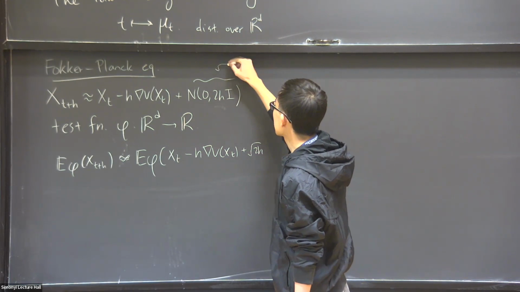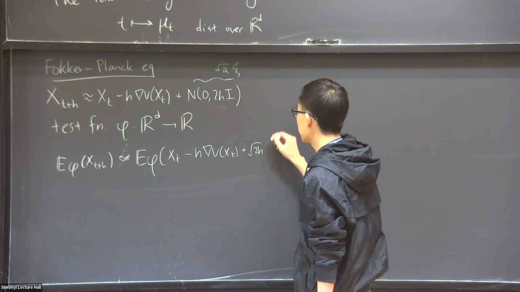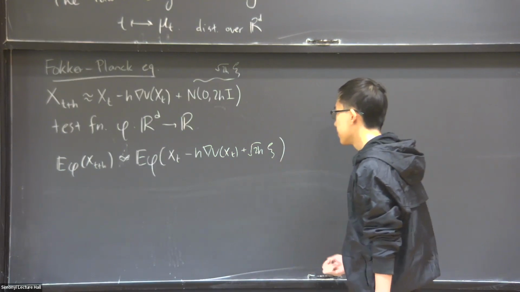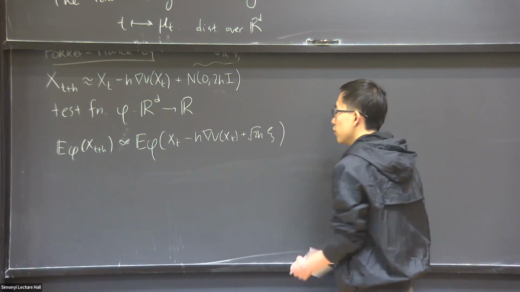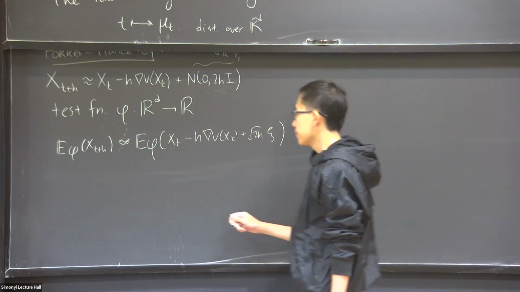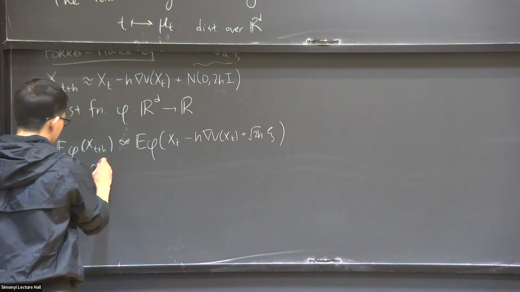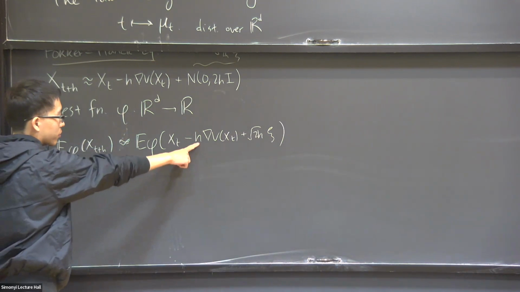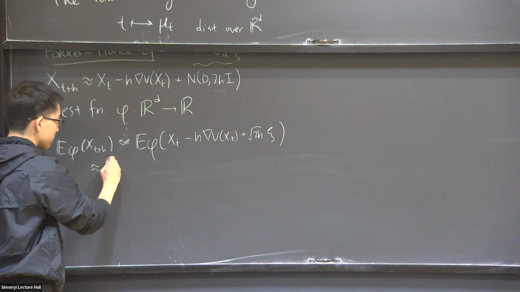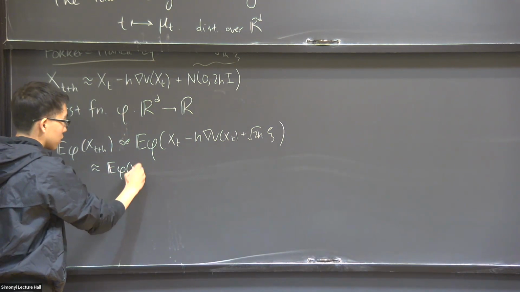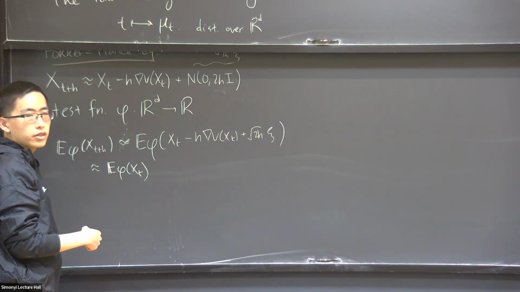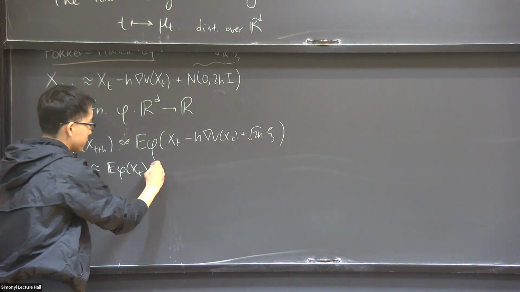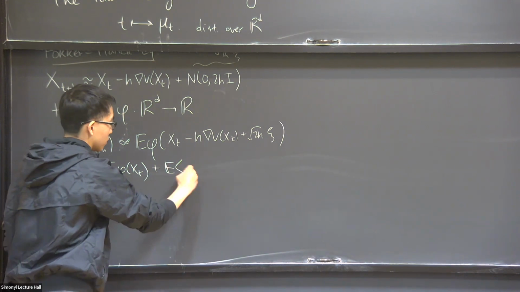Let's call this guy square root 2h times xi, where xi is a standard Gaussian. And then we want to expand this with respect to h. Okay, so we have xt, and then we'll have the first order Taylor expansion.